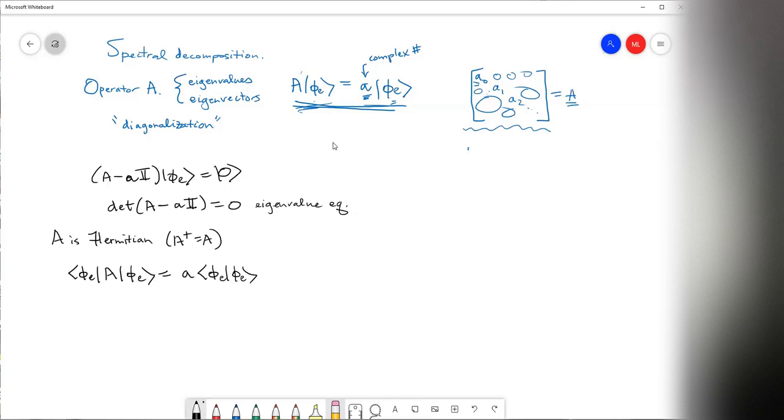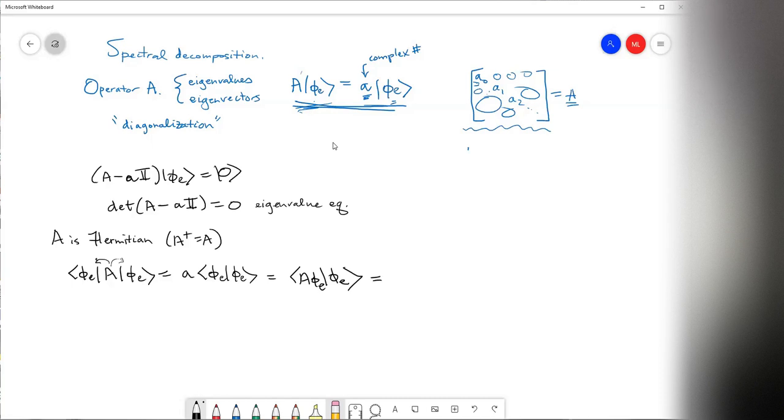But using Dirac notation, we can also act on the right, because A is equal to its own dagger.